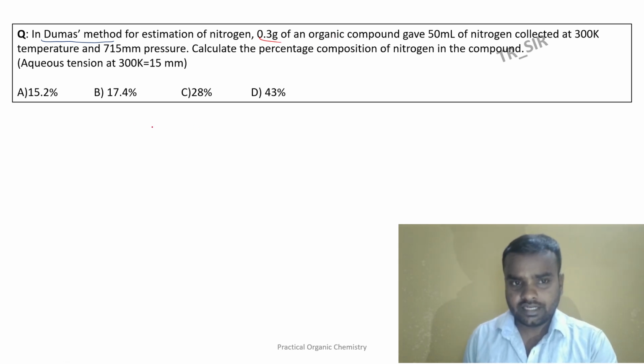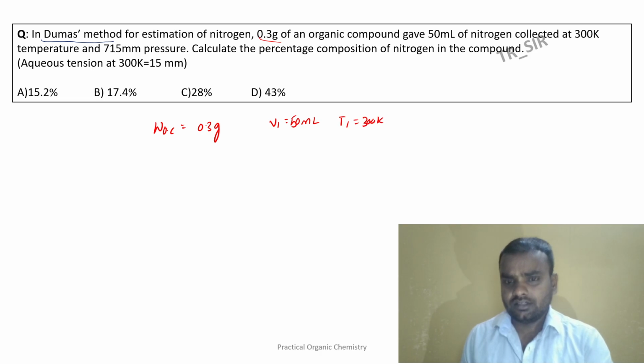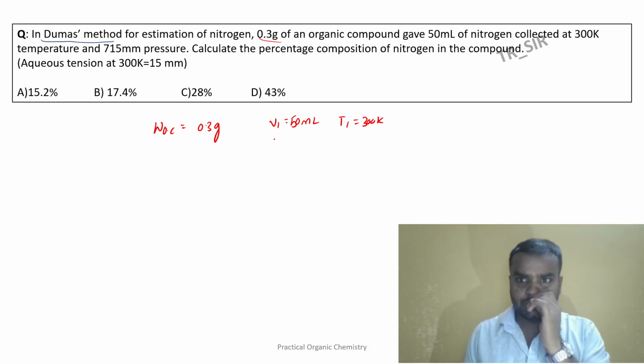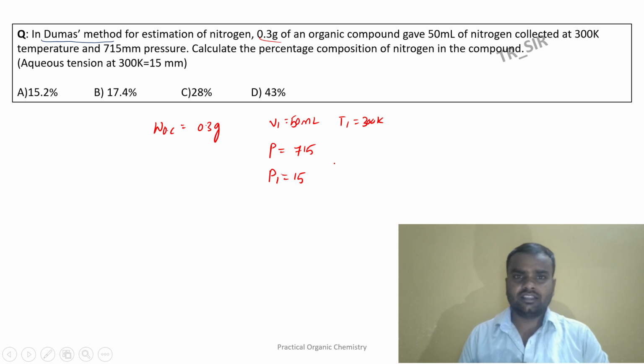So here in the given data, the weight of organic compound is 0.3 grams, V1 is 50 ml, and T1 is 300 Kelvin. The pressure of moist gas, P, is given as 715. Aqueous tension pressure is given as 15. I think this is the data we have.